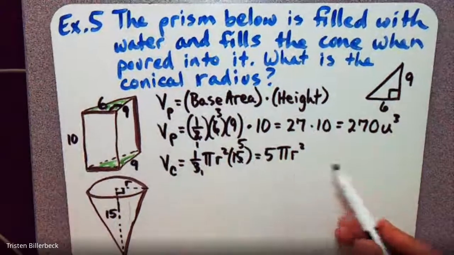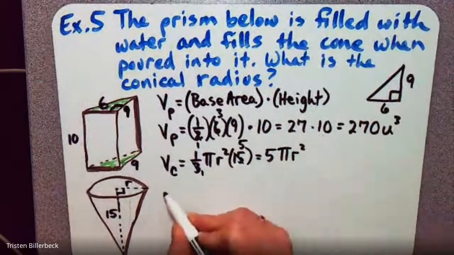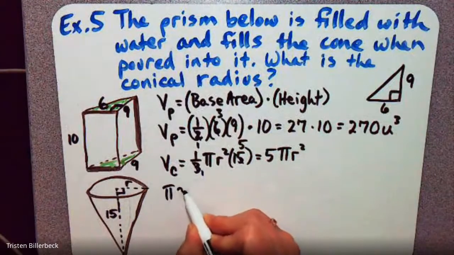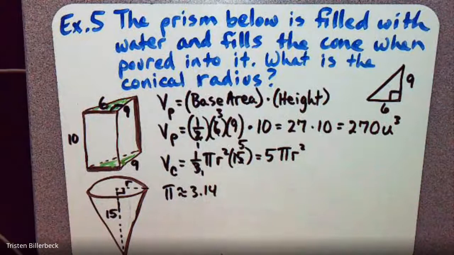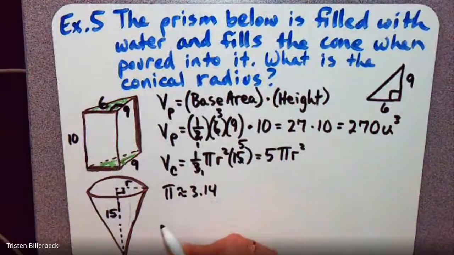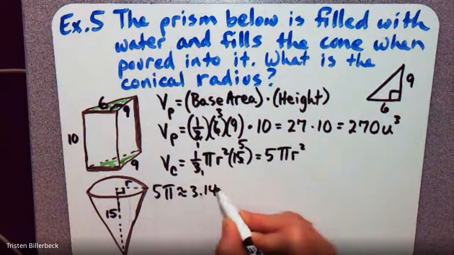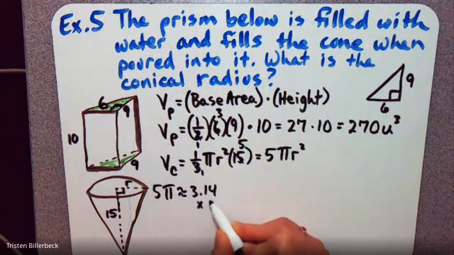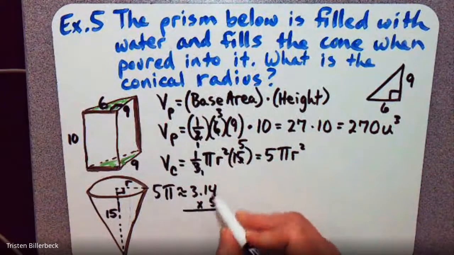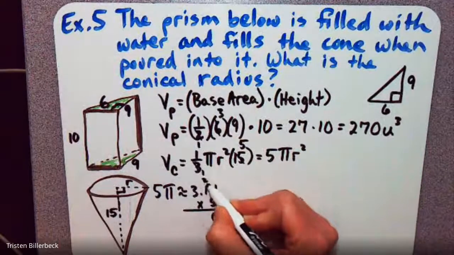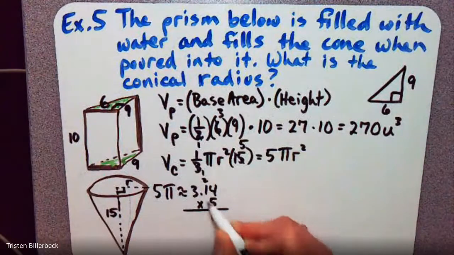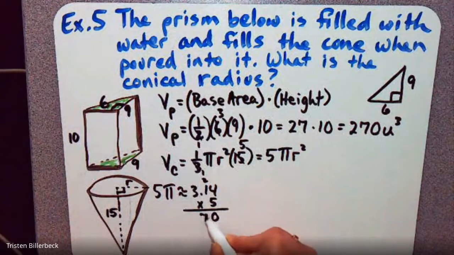Okay, so pi approximates to 3.14. So 5 times pi, we could just multiply 5 here. So we have 5 times 4 is 20, carry a 2. 5 times 1 is 5, plus 2 is 7.